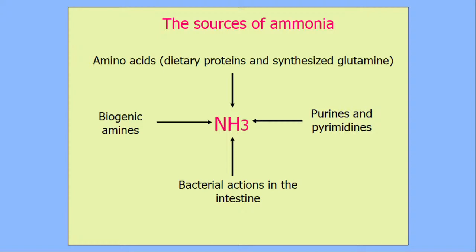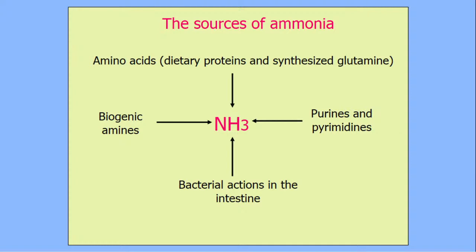Also, glutamine that is synthesized in the body will give free ammonia in kidney and liver. A small quantity of free ammonia will be generated by deamination, by degradation of biogenic amines. It's a very small quantity. Of course, our nitrogen bases during degradation will give us a small quantity of free ammonia.